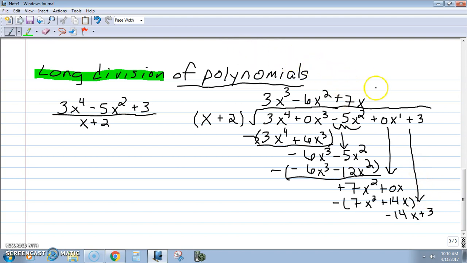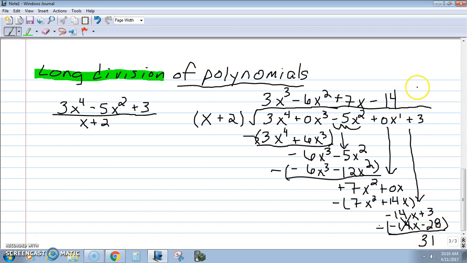Then up here, I need a negative, so I'm going to multiply by negative 14 because the x is already there. And then I get negative 14x minus 28, right? And I got to subtract both of these so they both become positive. So these cancel, and I get positive 28 plus 3 is 31, right?